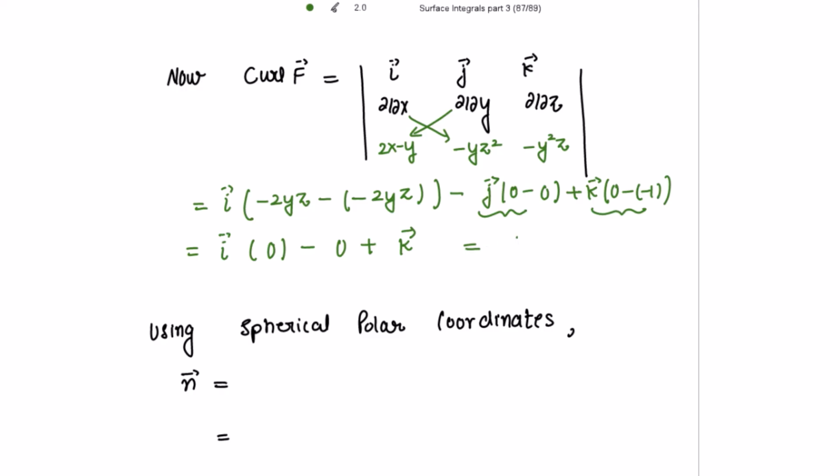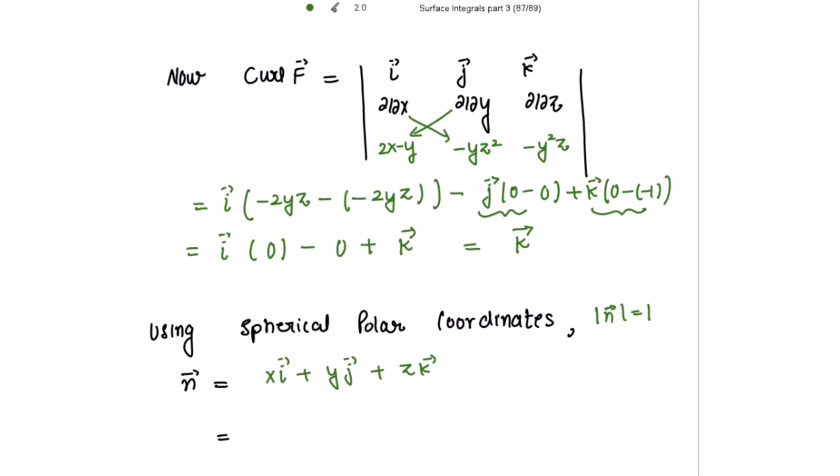So we are getting the answer to be k vector only. And now I am going to use the spherical polar coordinates to get n vector, and as mod of n vector is equal to 1, we write n vector to be equal to x i vector plus y j vector plus z k vector.